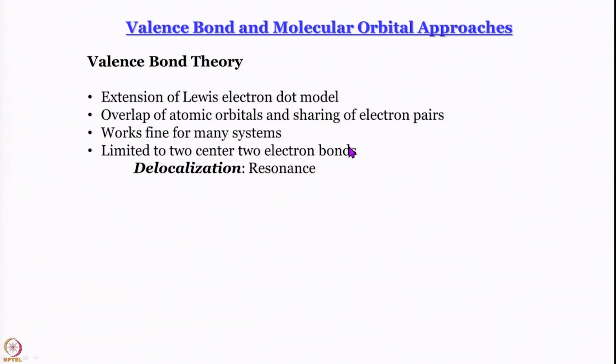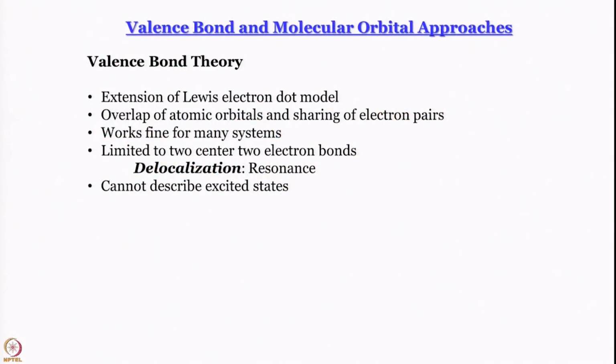Now, resonance is something that is absolutely a favorite with students of chemistry. We know very well, we love pushing arrows, and we love talking about how a particular resonance structure is more stable than the others, but resonance really is not something that is built into VBT. It is an add-on to extend the scope of the theory to delocalized systems.